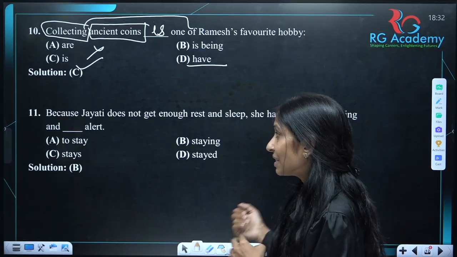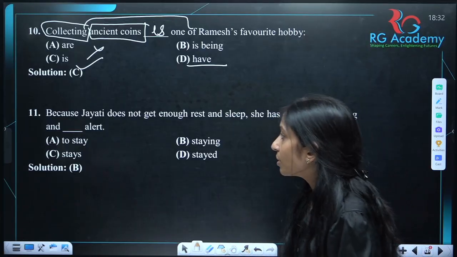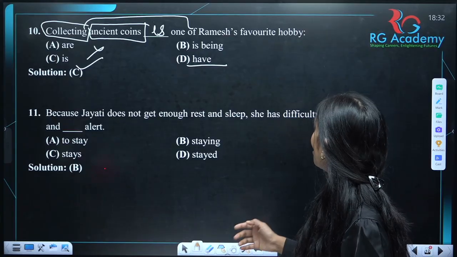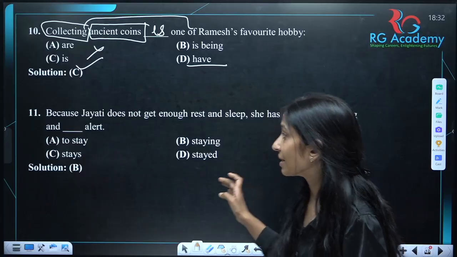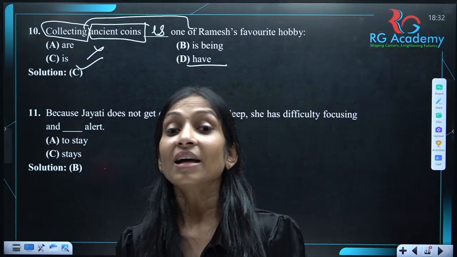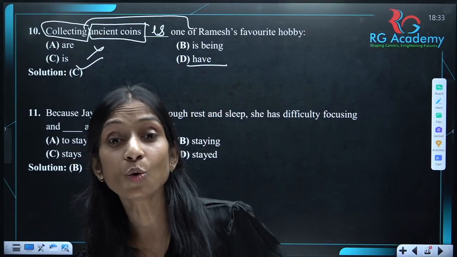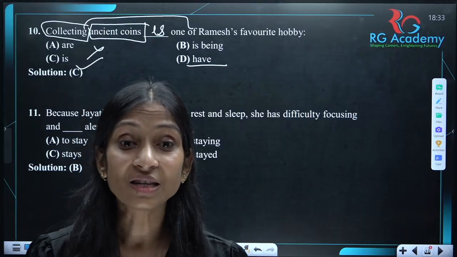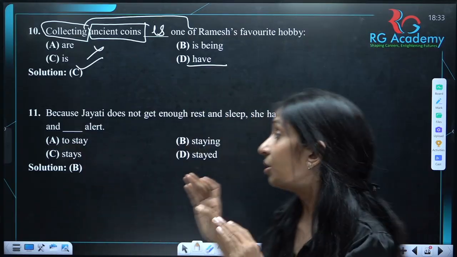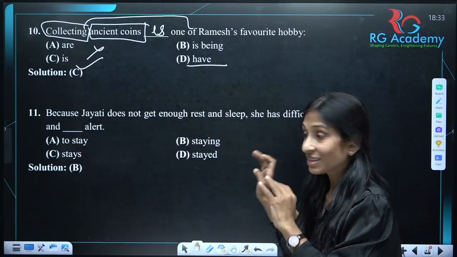Okay, let us see another question. Because Jyoti does not get enough rest and sleep, she has difficulty focusing. Now, I was saying in the beginning of the lesson that we are going to learn a few questions related to parallel structure. Now, what do you mean by parallel structure? Let me explain this to you through an example.